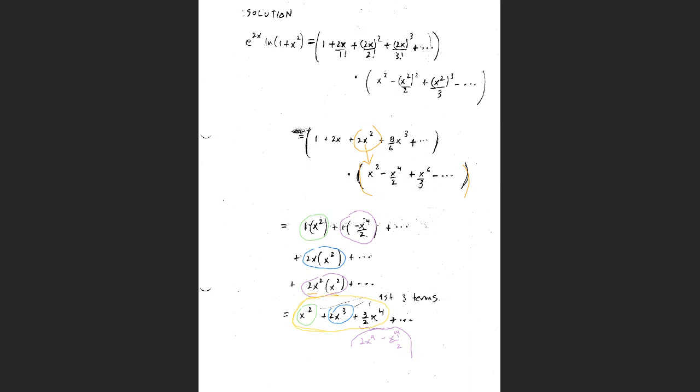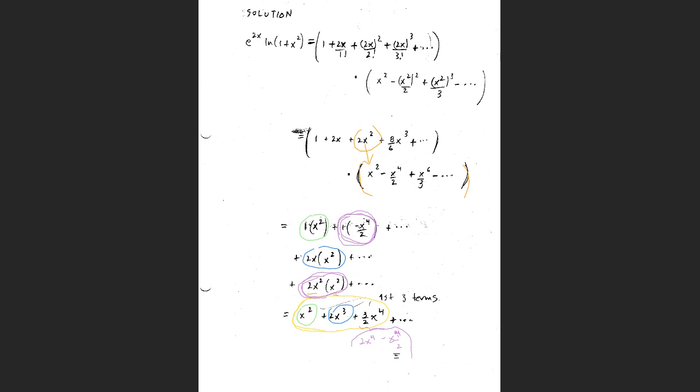Oh, okay, okay. So do you see here how I, in purple, circled this term here and this term here? You see me circling those terms on the screen? Yes. Okay, and those are my x to the fourth terms. Well, 1 times negative x to the fourth over 2 is equal to negative x to the fourth over 2, right?